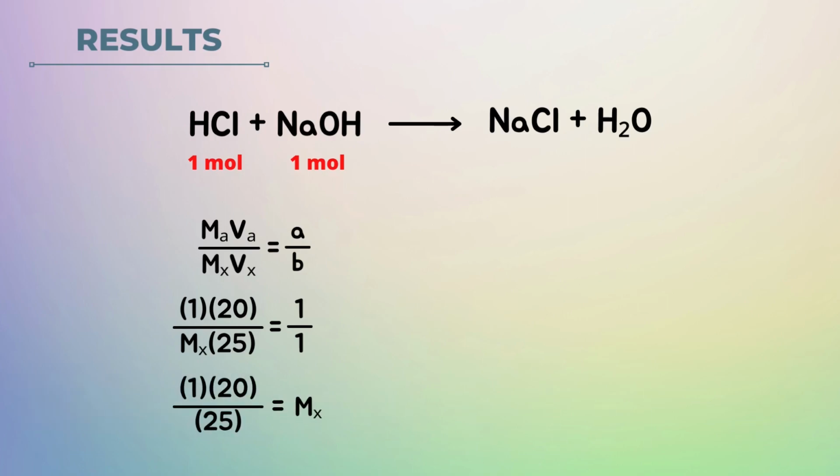And after moving Mx to the right-hand side of the equation, we get 1 times 20 over 25 equals Mx. Hence, after some simple calculations, we find that the molarity of sodium hydroxide is 0.8 mol/dm³.